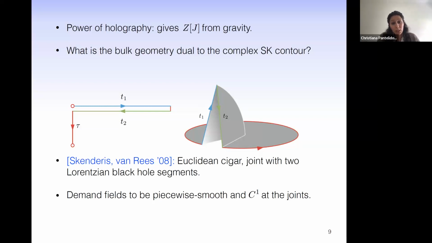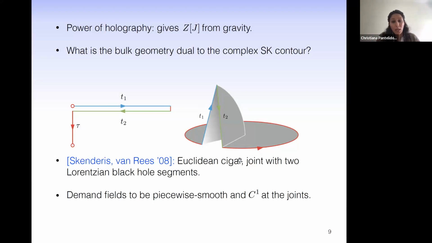Essentially, what they did was they said we fill in each of the Lorentzian segments by a segment of a Lorentzian black hole. So this is one Lorentzian black hole segment, this is another Lorentzian black hole segment, and we fill in the Euclidean circle with a Euclidean black hole, or if you want, a Euclidean cigar.